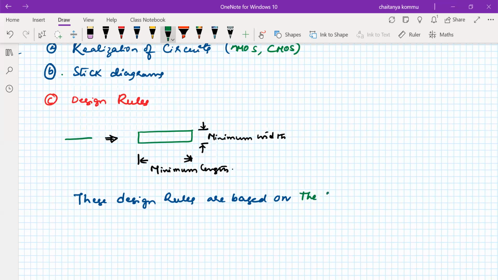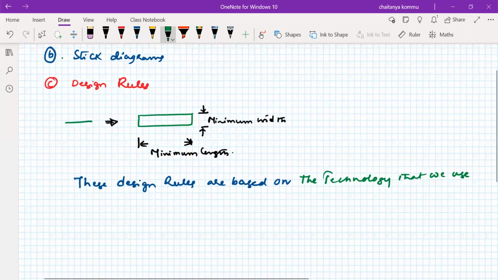So what kind of technology are we using for a particular transistor to translate into your chip?